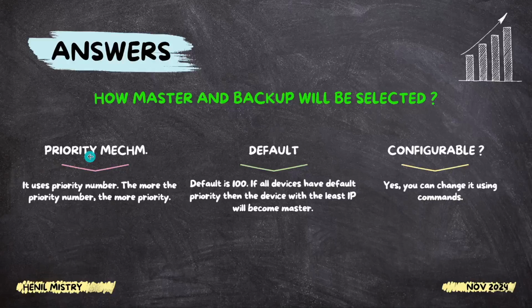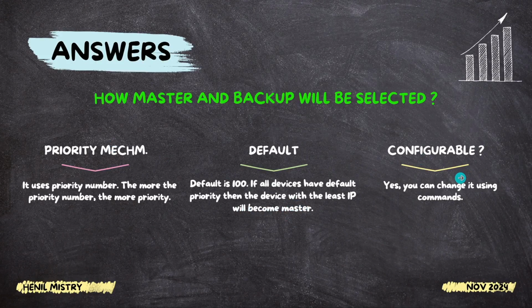That falls under the second category, which is not configurable. Let's just focus on the default. As I have told you, the default is 100, and if all the devices have the default priority, then the device with the least IP will be selected as master.